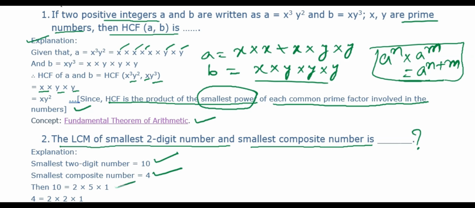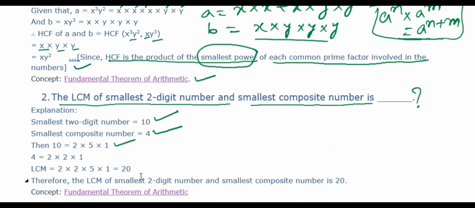So 10 factors as 2 into 5 into 1, and 4 factors as 2 into 2 into 1. 1 is common, since 1 multiplied by any number gives the same number. So what is the LCM of these numbers? You multiply 2 into 2 into 5 into 1, and we get 20. Therefore, the LCM of the smallest two-digit number and the smallest composite number is 20.